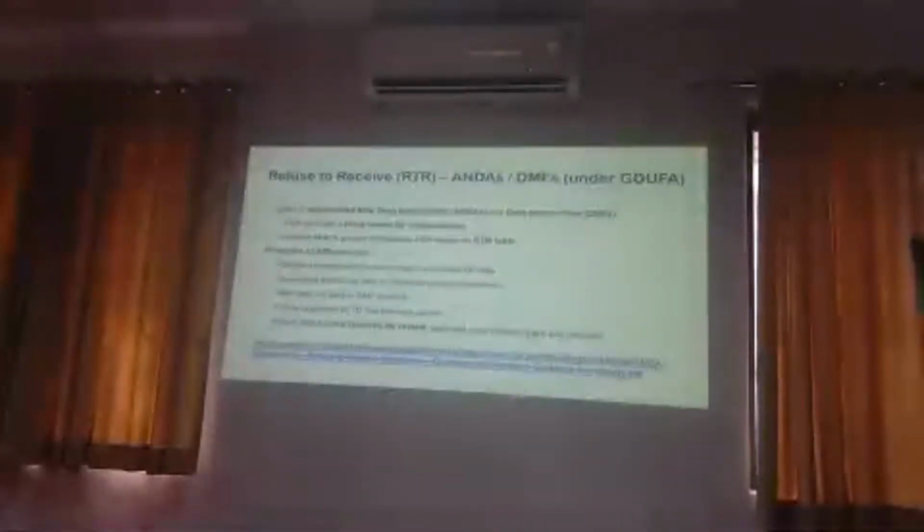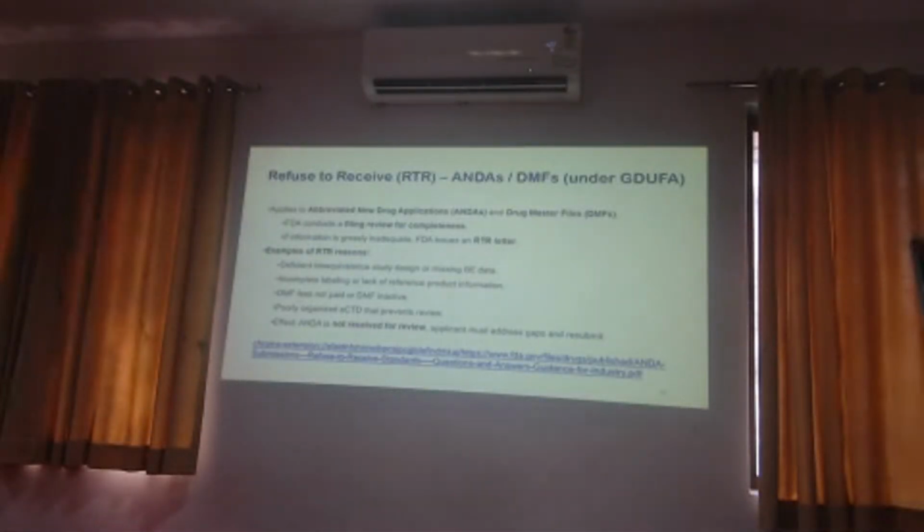Refuse to receive is for ANDAs and DMFs. Here FDA conducts a filing review for completeness, and if information is grossly inadequate, FDA issues the letter. Like deficiency in studies, DMF fees not paid or poorly organized eCTD structure.